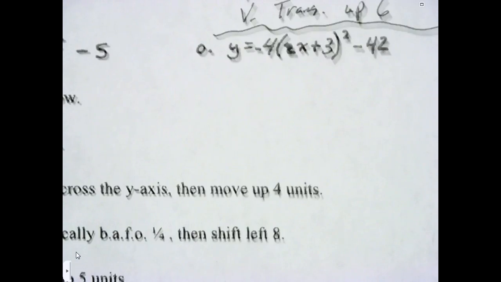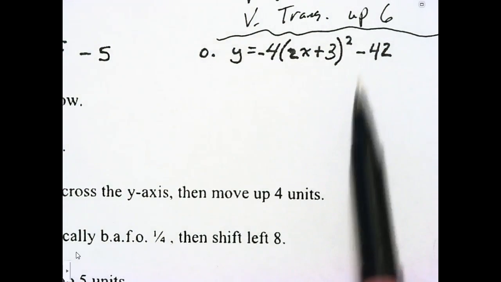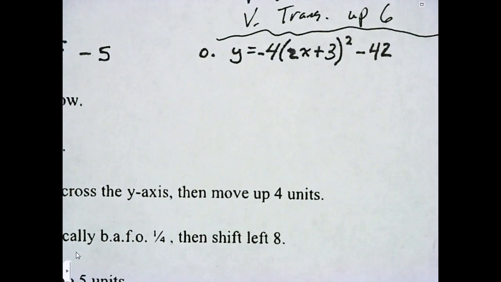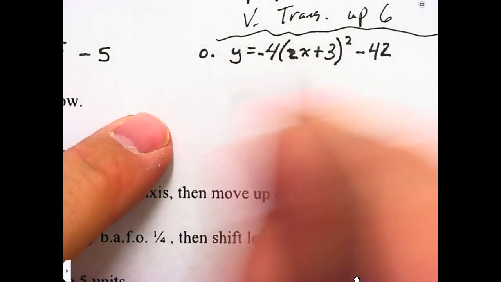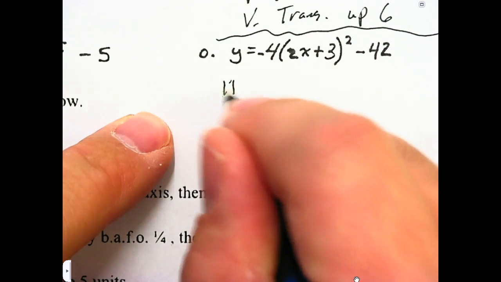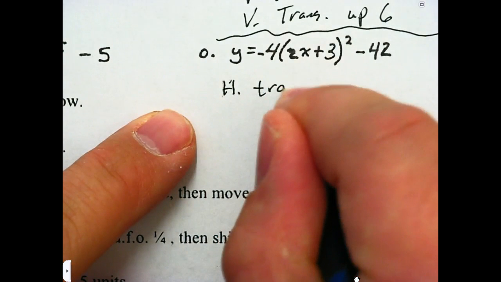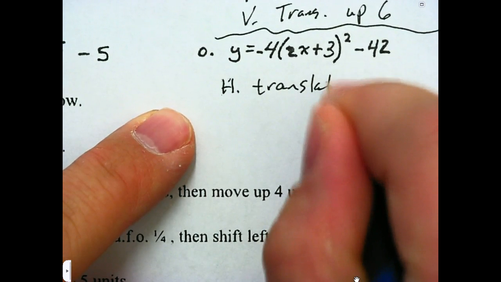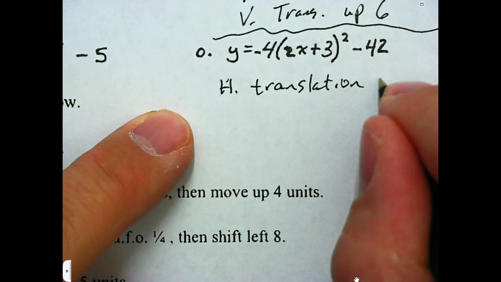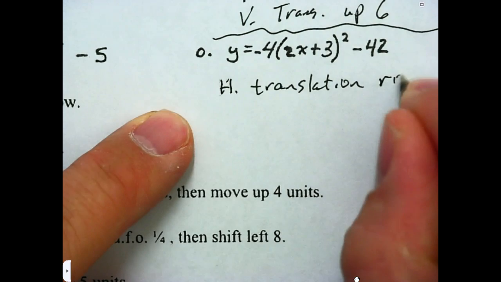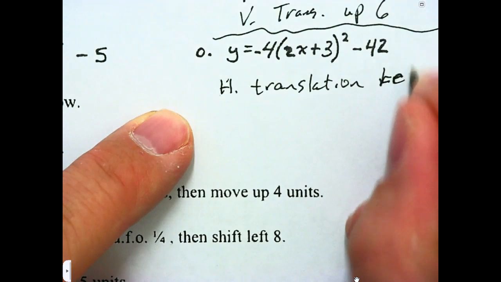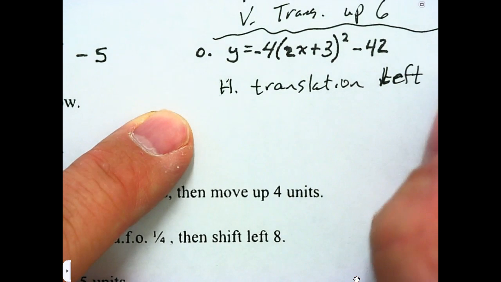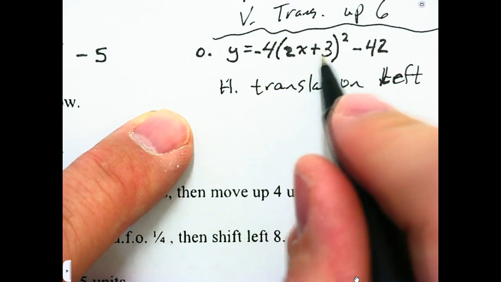Okay, last one. I want you to tell your neighbor there are 1, 2, 3, 4, 5 things you need to do to that. Tell your neighbor what they are. Okay, who knows the first thing? Haja, what is it? Horizontal translation. Which way? Right? Nope. Good. It's left 3. Correct.